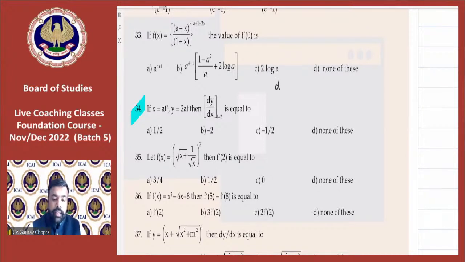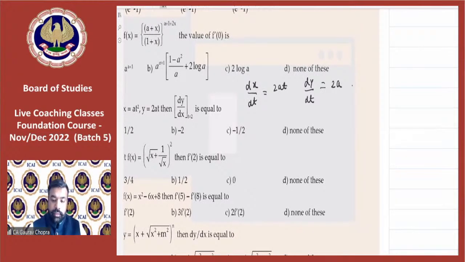So first step is find dx by dt. How much? 2a. Second step is calculate dy by dt. It is how much? 2at. Now for dy by dx, we can divide them. 2at upon 2a. Result is 1 by t.